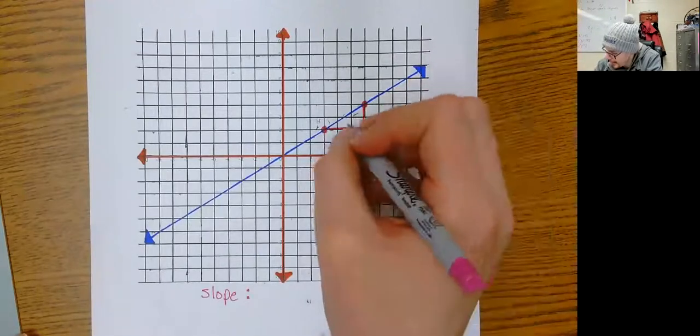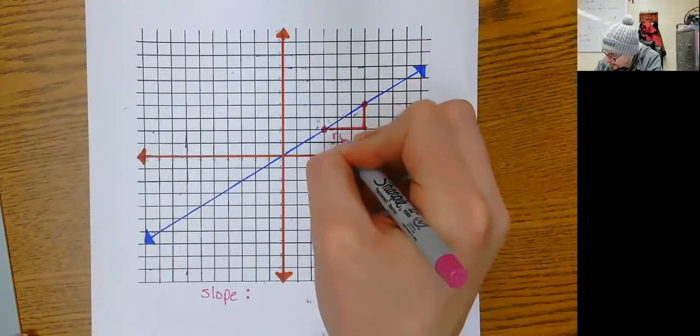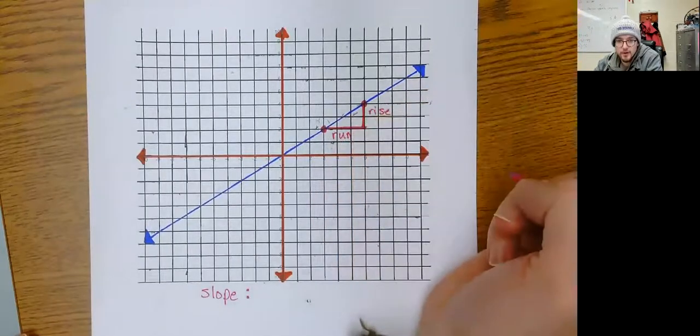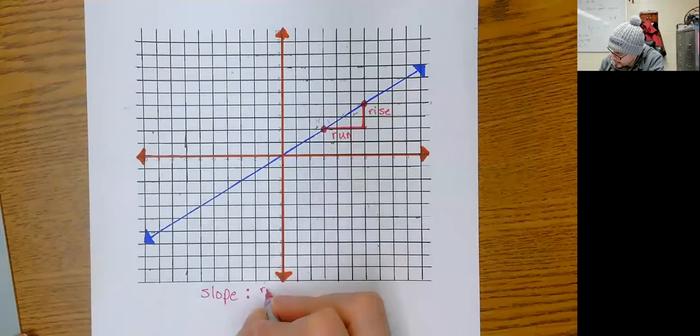And in this case, what I have is I have my run and I have my rise. All right, so now slope is rise over run.